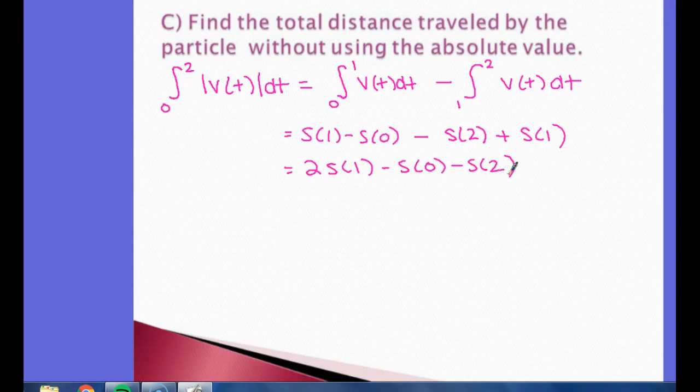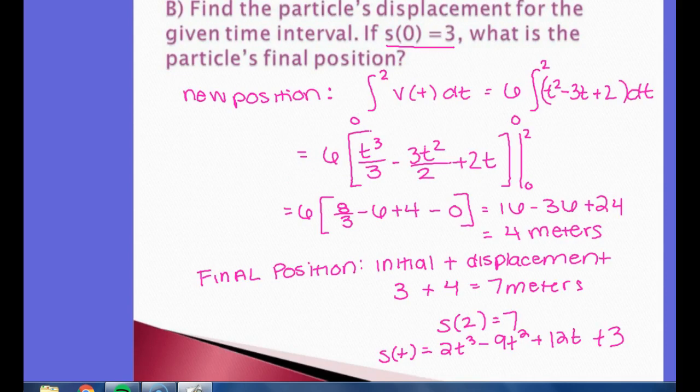Well, what's s of 0? 3. Good, Sam. Thank you. What's s of 2? What's the only thing I need to know? s of 1. So instead of plugging all of this into that huge function a million times, we just said s is this. So plug in 1. 2 times 1 is 2.